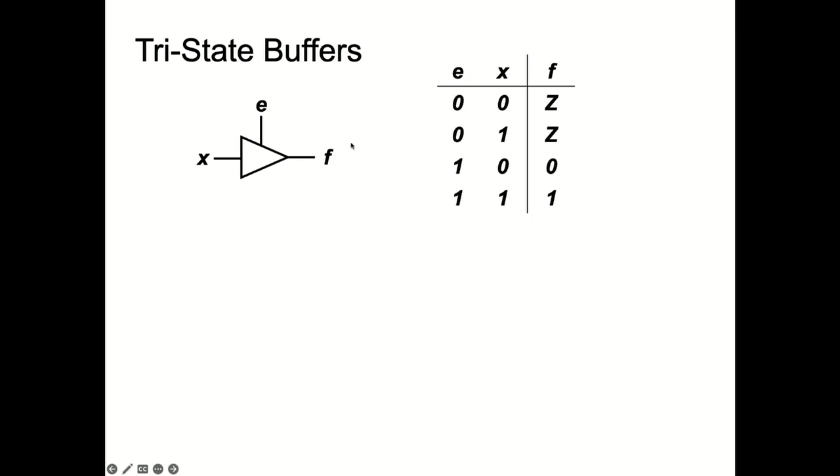So this particular tri-state buffer is active when E is 1. When E is 1, then whatever X is, that's what F is. But when E is 0, the output F is not being driven by anything, at least not here.